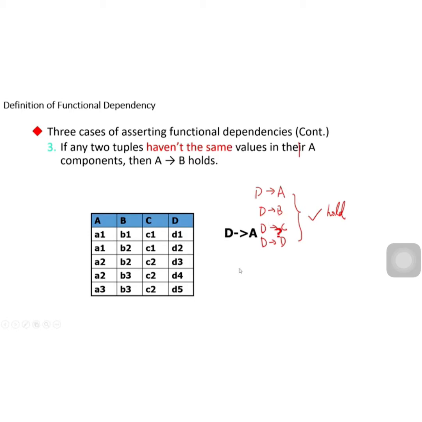All these hold because we cannot find any tuples with the same value. Okay, these are the three cases of assertion.